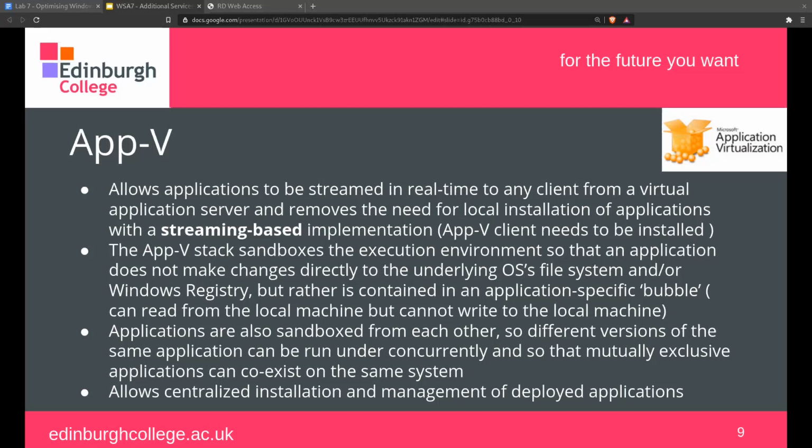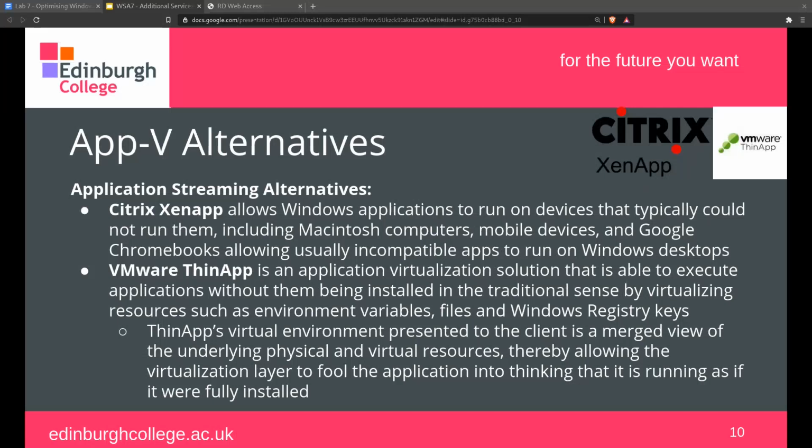Now, there are alternatives to App-V for packaging up applications. Two I'm going to mention for this course. One is called Citrix XenApp. Okay, that allows Windows applications to be packaged up and run on devices that typically wouldn't be able to run them.